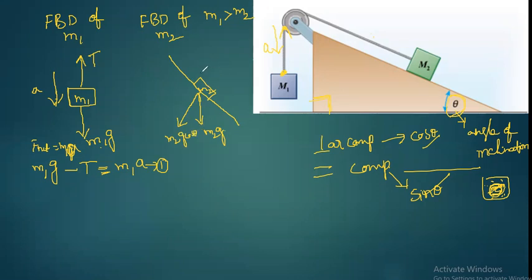And parallel to it, this is M2G sin theta. Understood? M2G sin theta.